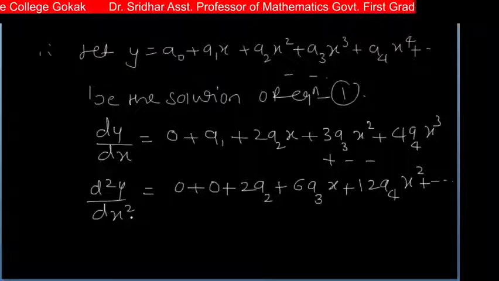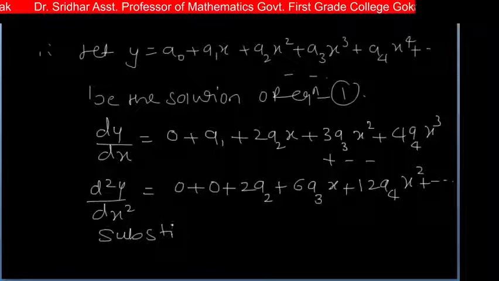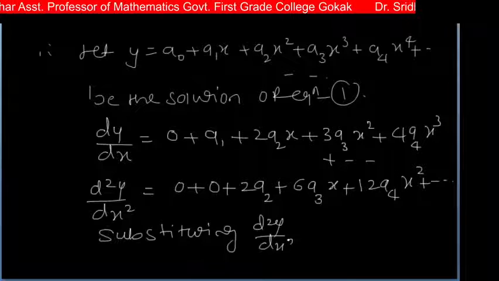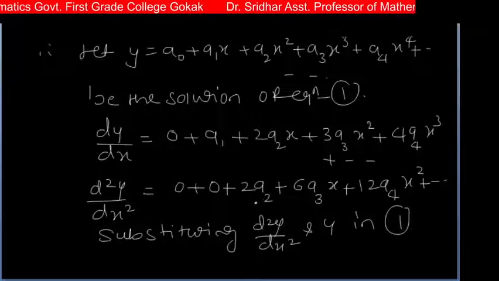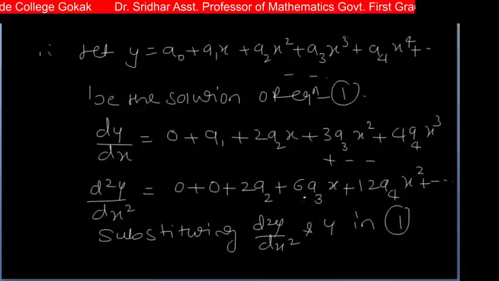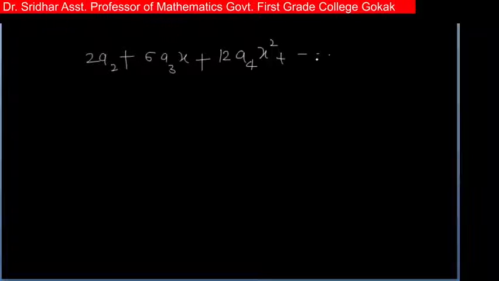Okay, so now substituting d square y by dx square and y in 1. Okay, so then we get, this is 2a2, first d square y by dx square, so 2a2 plus 6a3x plus 12a4x square and so on.